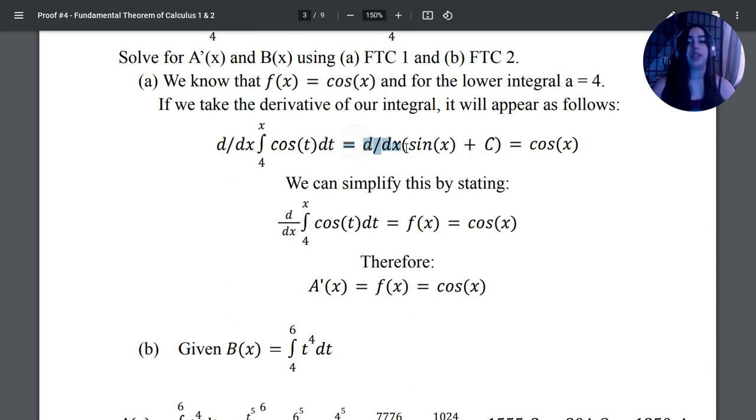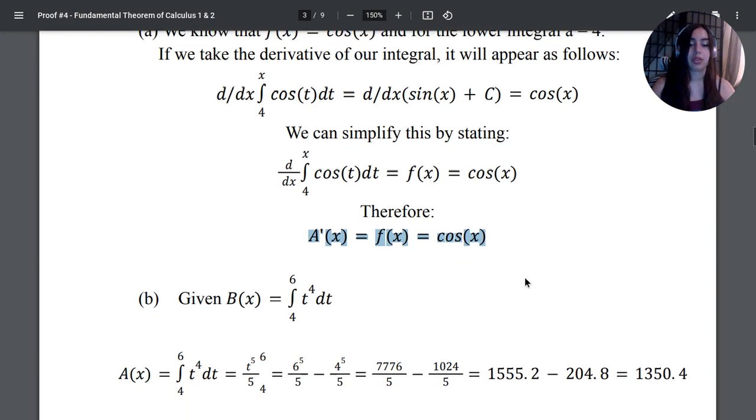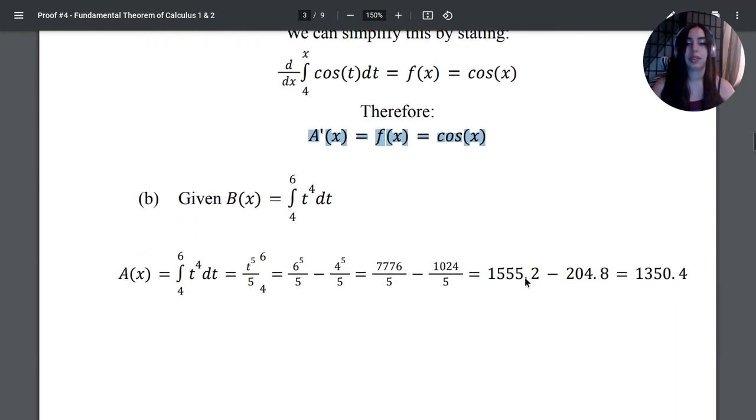However, when we take the derivative of the function, because sine of 4 is a constant, it will just go straight to 0, leaving the derivative of just sine of x, which is again cosine of x. And we can simplify that by stating that the derivative of the integral from 4 to x of cosine of t dt is equal to f of x, which is equal to cosine of x. Therefore, A prime of x is equal to f of x, which is equal to cosine of x.